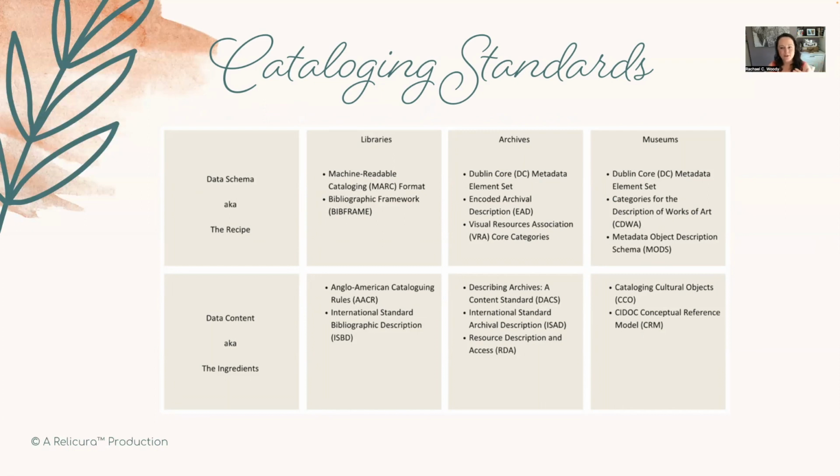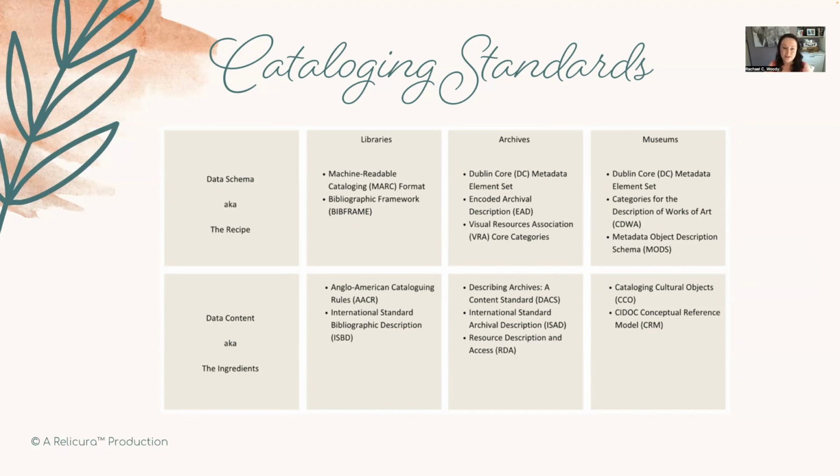So across the top row here, we have data schema. And so that's one of the jargon words we use to talk about essentially the framework of the records we create. And across that top row, we've got a box for libraries, archives, and museums, because each field, of course, uses at least one or more different types of schema, depending on the system, the collections management system that they're using.